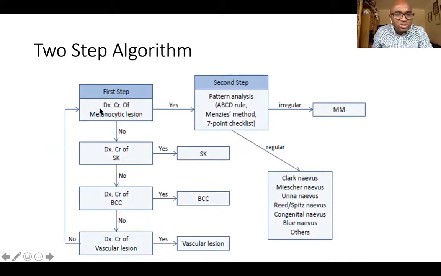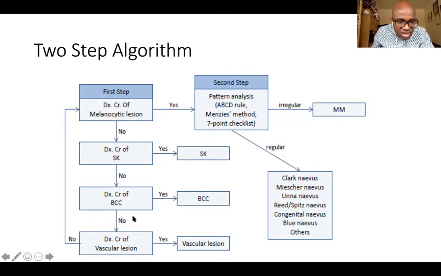In the first step, you are going to check from the dermoscopy of the lesion whether it has diagnostic criteria of a melanocytic lesion. If no, then you have to check if the lesion has diagnostic criteria of a seborrheic keratosis. If no, then check, has the lesion got the diagnostic criteria of a BCC?